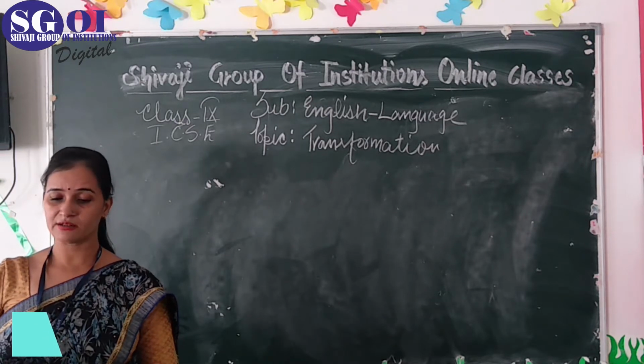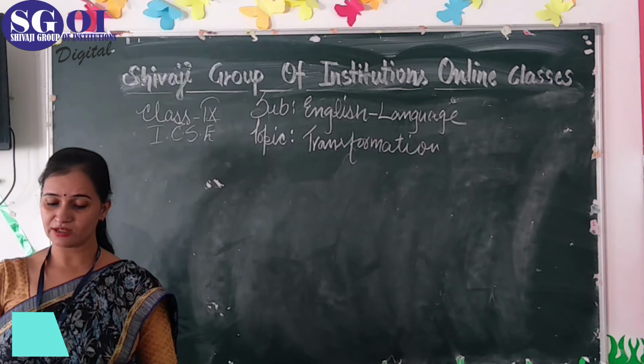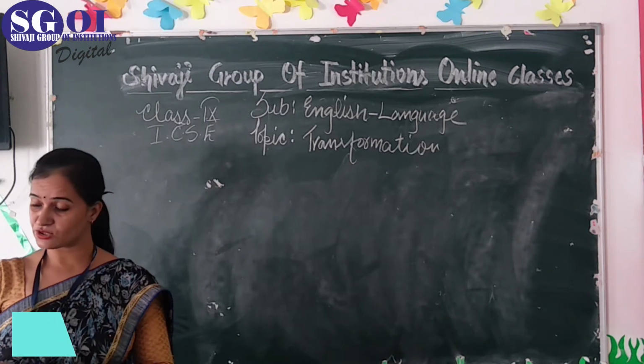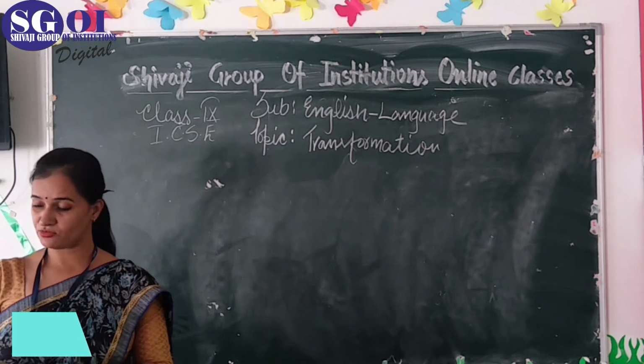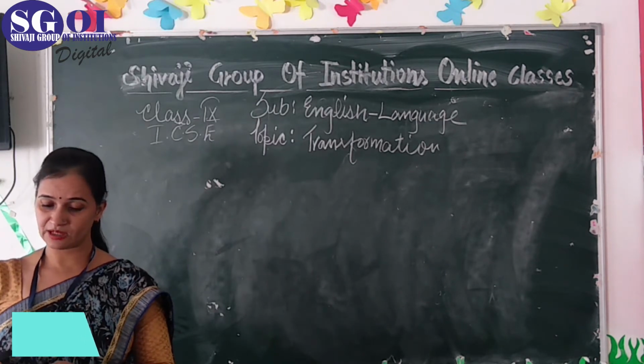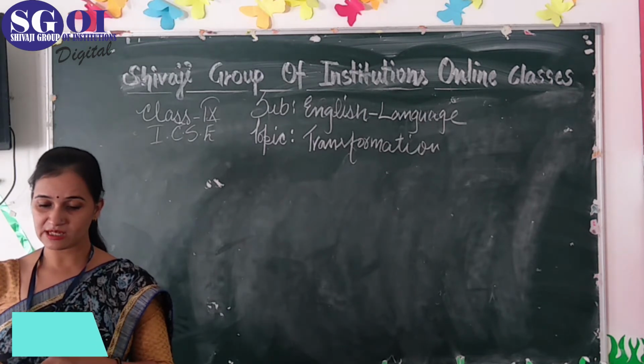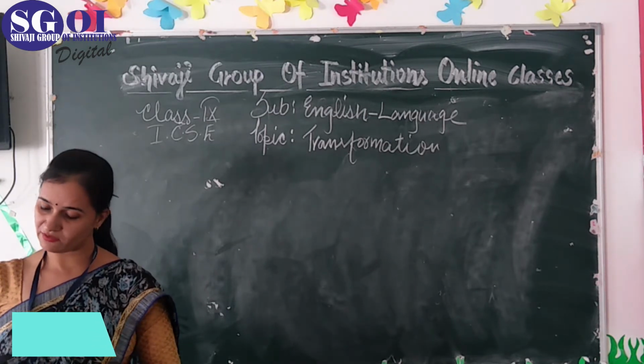Today we will do some examples so it is clear how to change the sentence from remove 'too' to use 'so'.